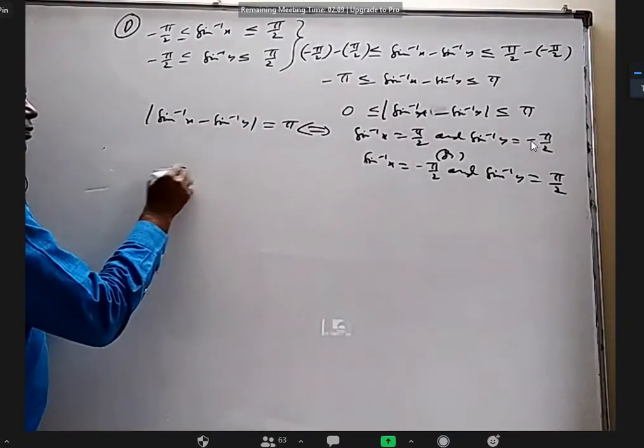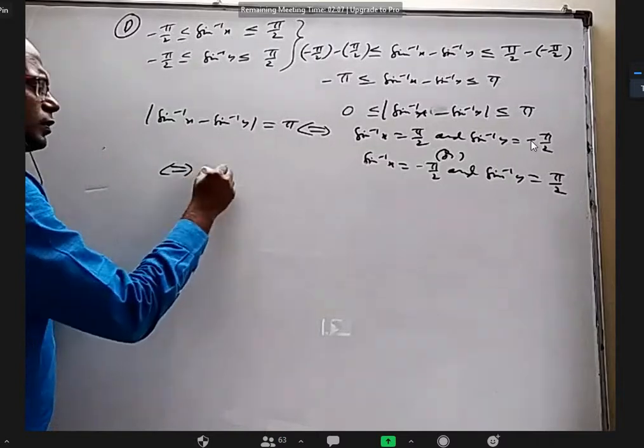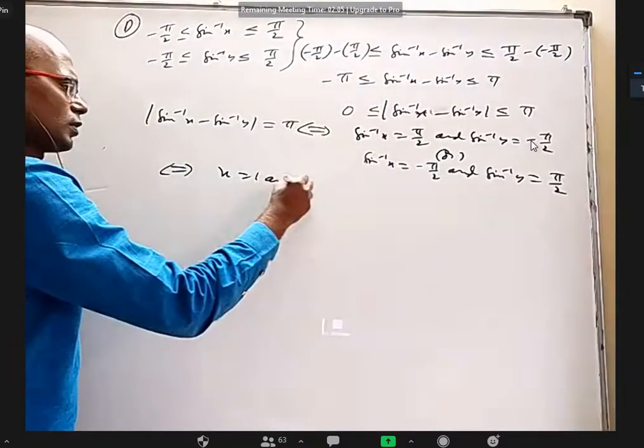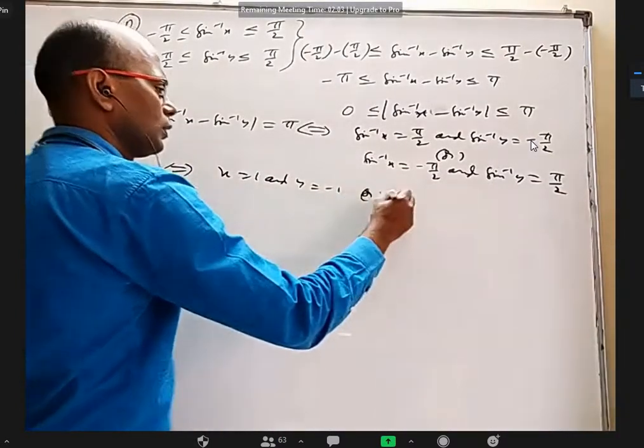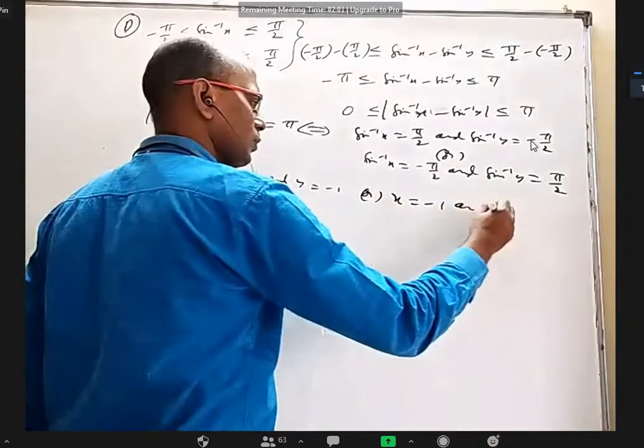Which implies x equal to 1 and y equal to minus 1, or x equal to minus 1 and y equal to 1.